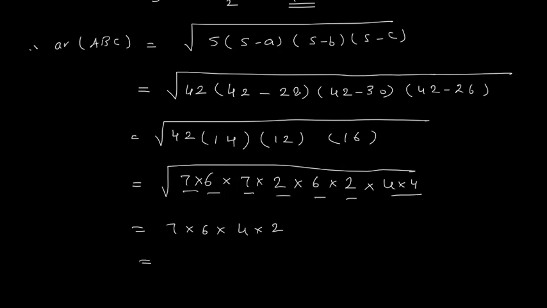Now 4 8s are 32, 8 6s are 48, so 7 into 48, 7 8s are 56, 7 4s are 28, 28 plus 5, 33. So 336 centimeter square will be the area of triangle ABC.